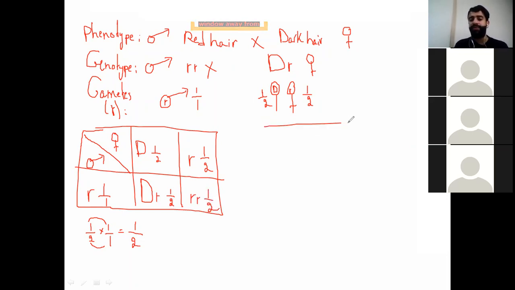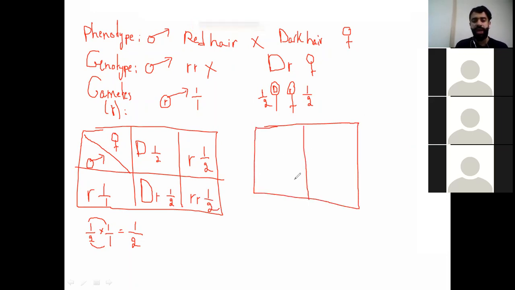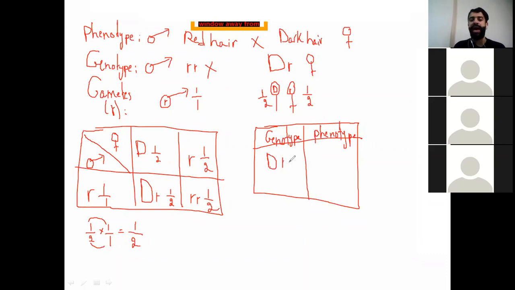Table of result: we have to divide it into genotype and phenotype. Genotype is Dr, which is half, and we have rr, which is also half.